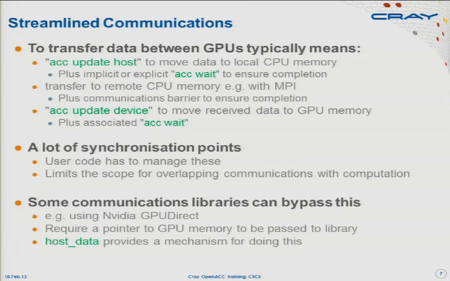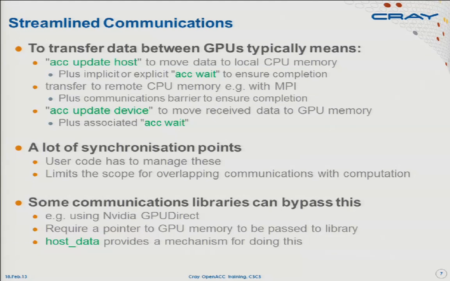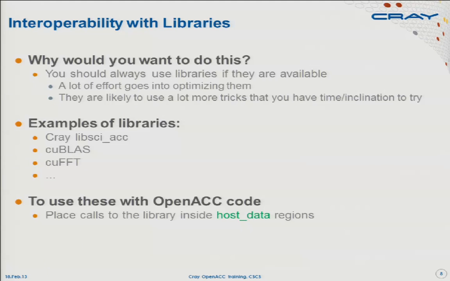And what happens is that the MPI library will look at that pointer and it will use the unified virtual address space of CUDA, to say, aha, this pointer is something in GPU memory. I will do something different because I know that the data is on the GPU and it should move directly from the GPU over the PCI into the NIC and away. So the host data is used there.